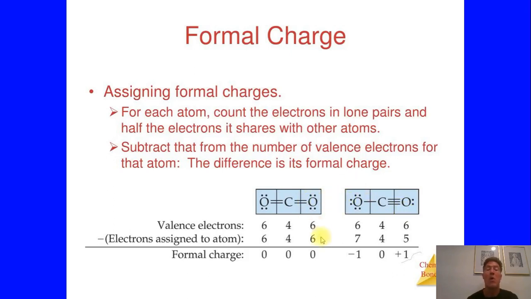Well, the one with the lowest formal charges. Lower formal charges are associated with greater stability, which means greater probability that that's how you're going to find this molecule in the wild. You do your formal charge calculations, you find that this is 6 minus 6, 4 minus 4, 6 minus 6. So all the formal charges are 0, 0, 0. Whereas over here, you get 6 minus these 6 plus half of that, so that's 6 minus 7. This has a negative 1 charge.